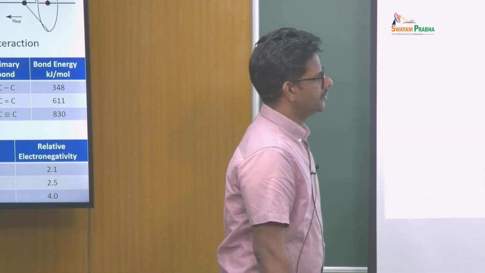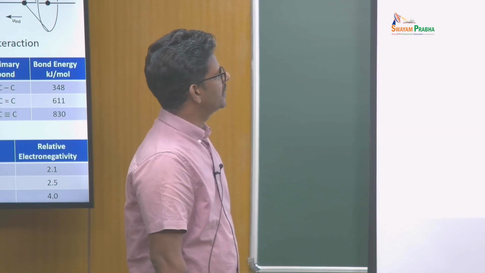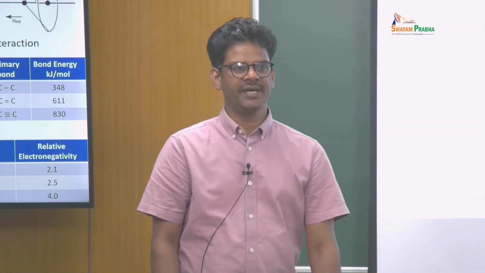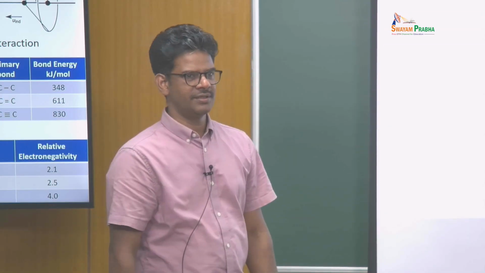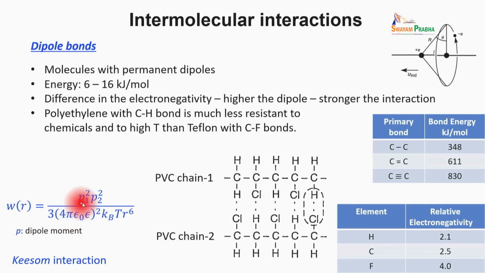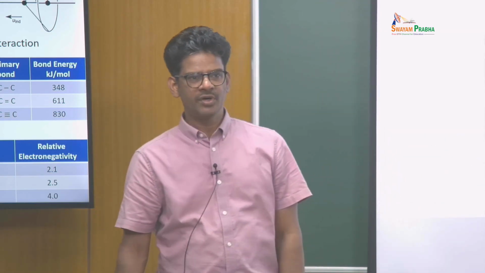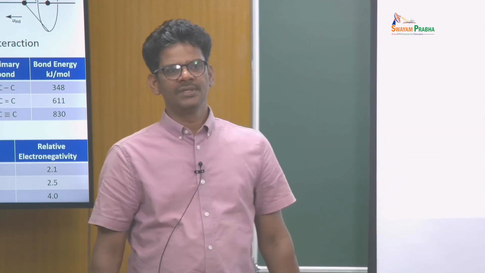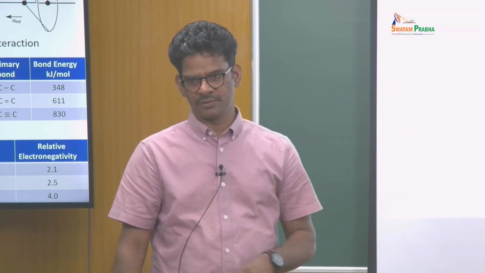If you need an expression to calculate dipole-dipole interactions, we have a theoretical derivation. As you can see here, it is proportional to the square of the dipole moment of each. P1 and P2 are the permanent dipoles of the two atoms. If you are talking about like atoms, it becomes just P to the power 4.